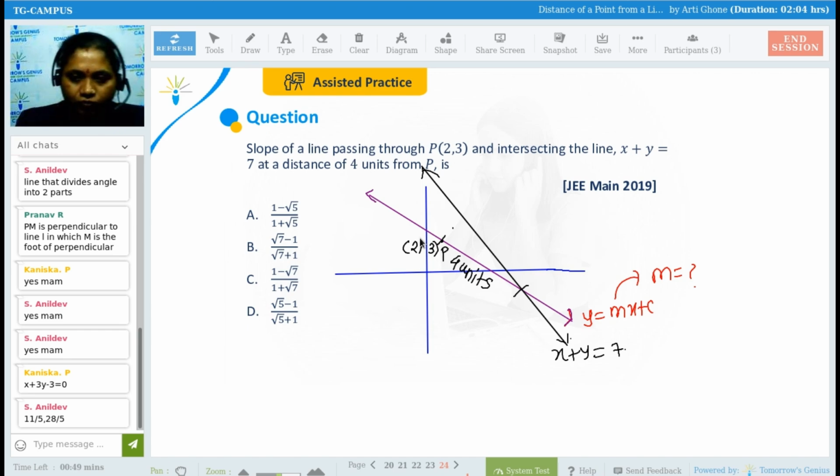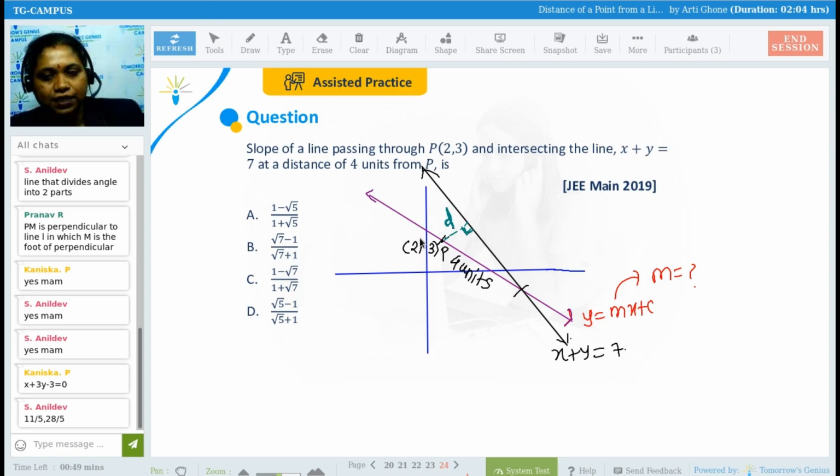Anyone of you, will you get the process of solving? I'll make your task simple now. Here I am constructing one geometry. If I could draw this perpendicular.